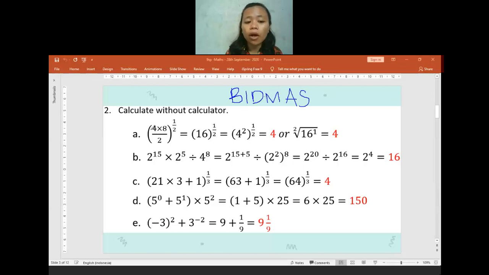So we have a bracket here. We have to simplify the bracket. 4 times 8 is 32. 32 divided by 2 is 16. Because you cannot use a calculator tomorrow, you can do a crossing out, like maybe 2 divided by 2 is 1 and then 8 divided by 2 is 4. So 4 times 4 will be equal to 16.